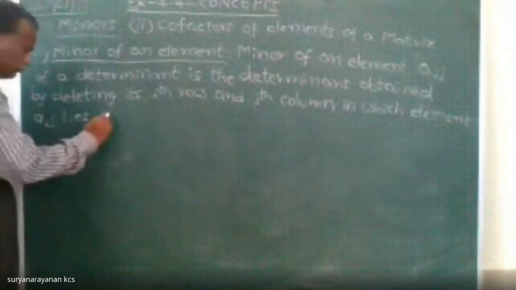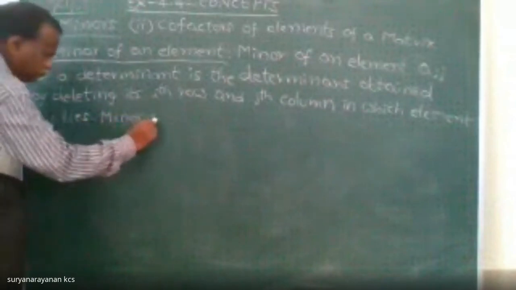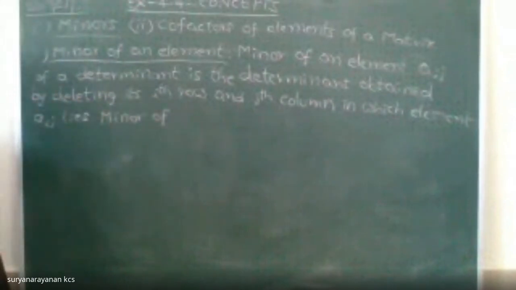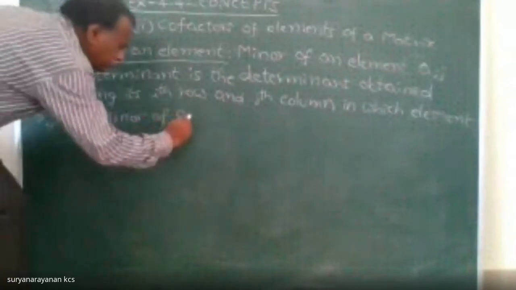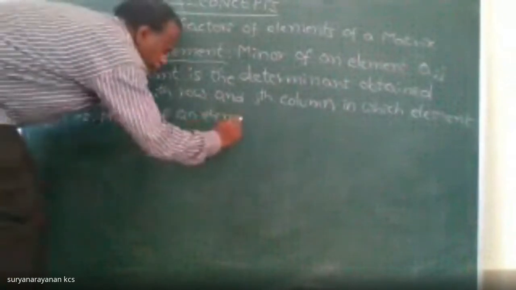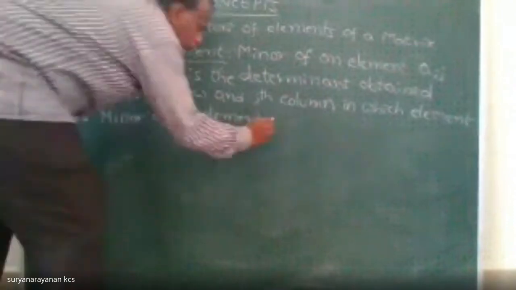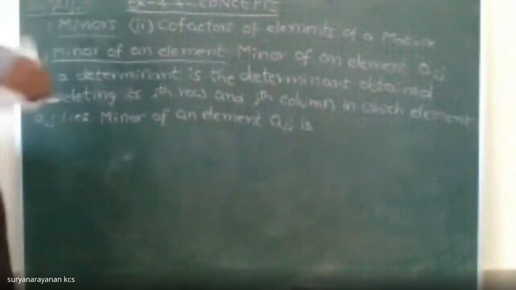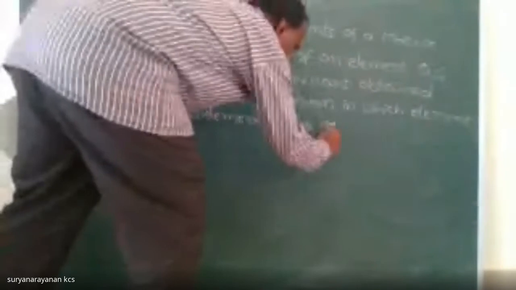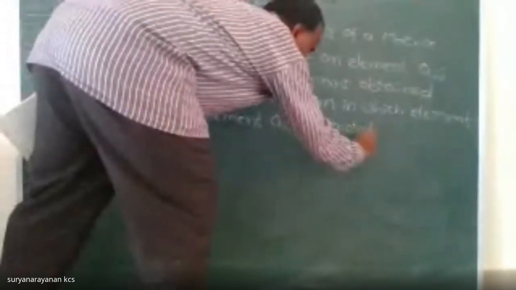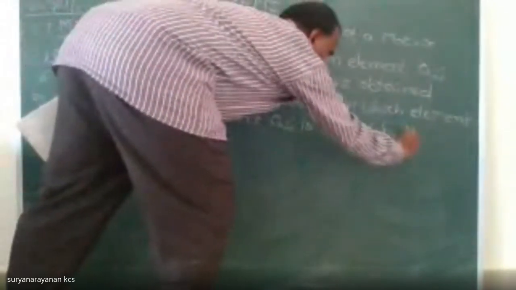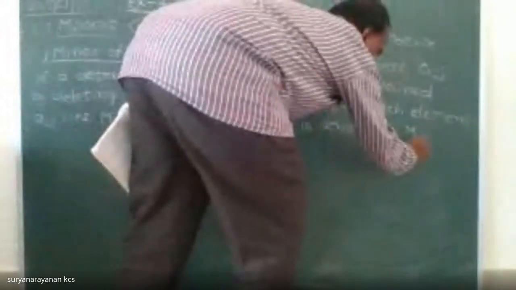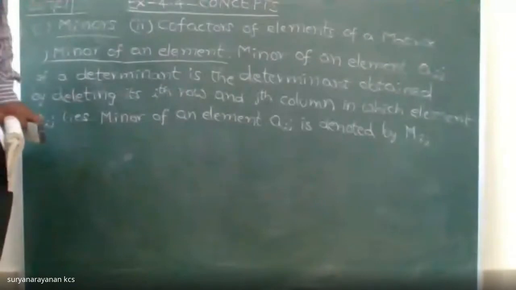Minor of an element Aij is denoted by Mij. This is the definition of minor of an element.